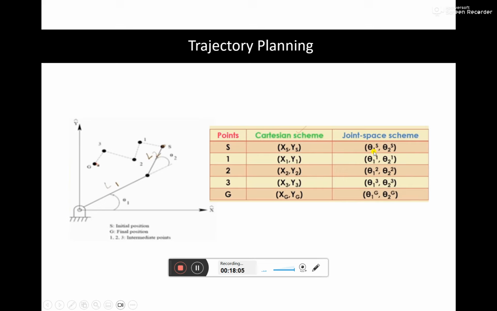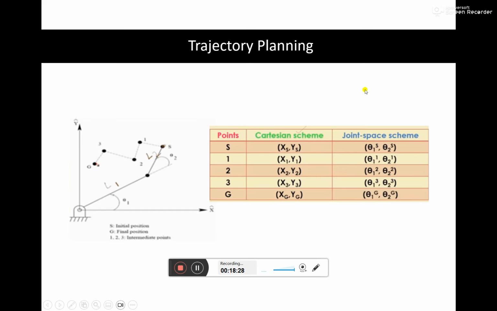So frame 1 to S, frame 2 to S, frame 1 to 1, frame 2 to 1, frame 1 to 2, frame 2 to 2, frame 1 to 3, frame 2 to 3, frame 1 to G, frame 2 to G.